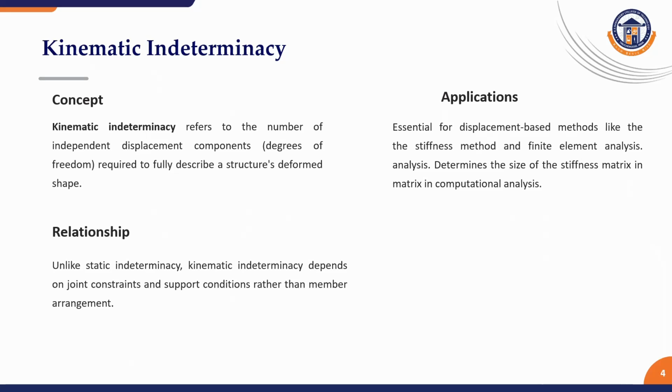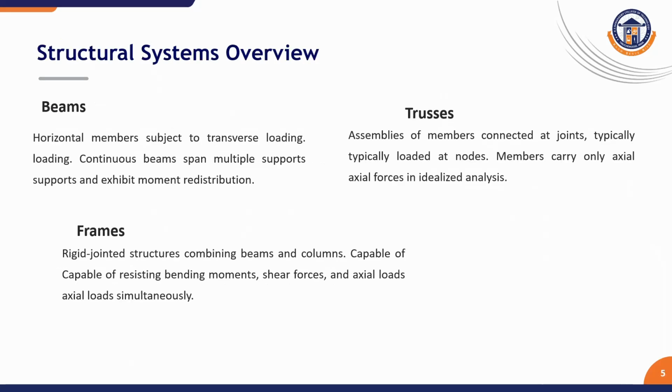This concept is extremely important in stiffness methods and finite element analysis. In simple terms, the kinematic indeterminacy tells us how many unknown displacements the structure will have, which directly controls the size of the stiffness matrix in numerical analysis.